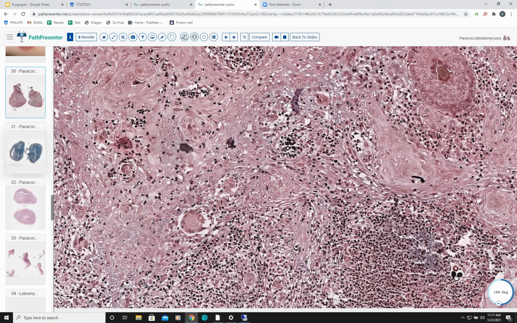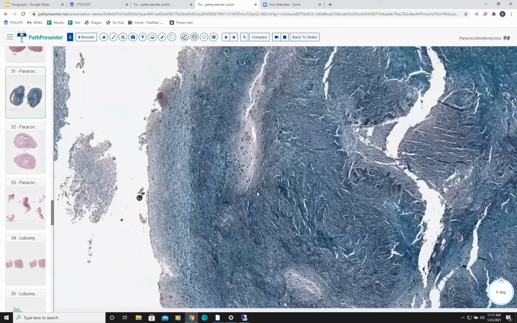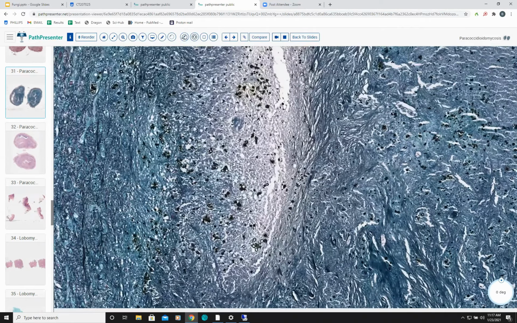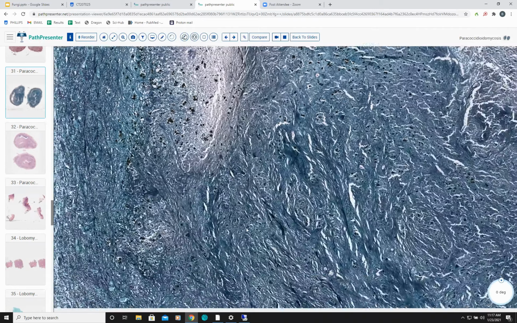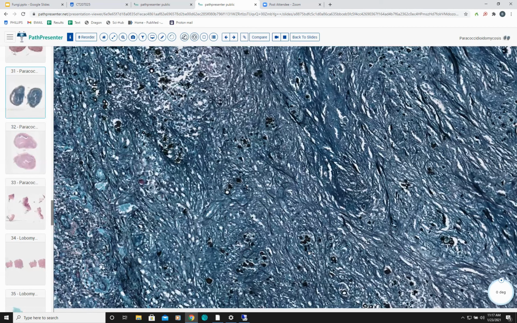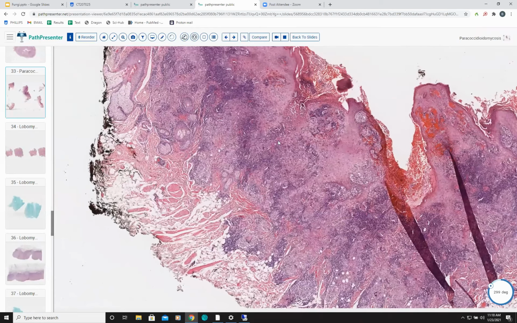Here is a methenamine silver stain. And you can see this case had numerous organisms. All these methenamine silver positive organisms. Here's another beautiful case of paracoccidioidomycosis.